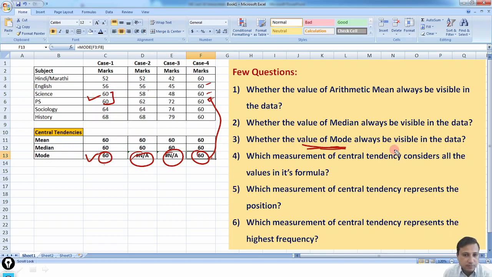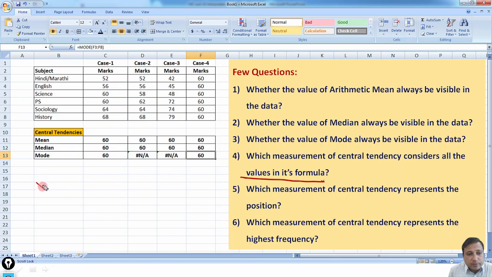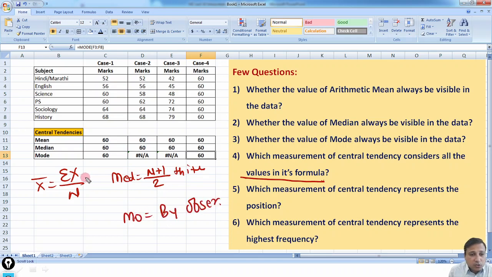Which measure of central tendency considers all the values in its formula? If you remember, x bar is equal to summation x divided by n. Median is the (n plus 1) divided by 2 th item, and mode is by observation. Now here we add all these things. In median, we just count the number of observations: first, second, third, fourth, and so on, up to (n plus 1) by 2, and then we compute some positional value.